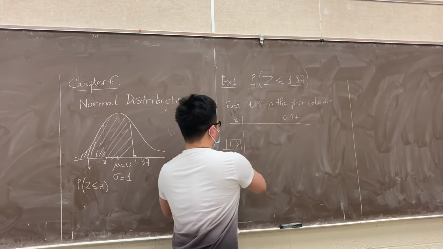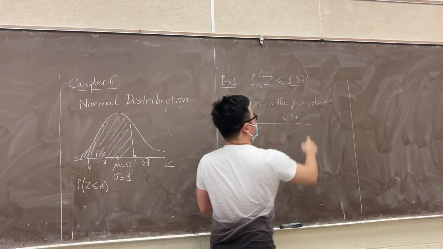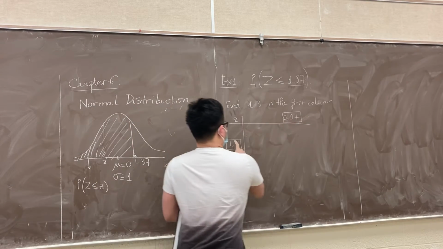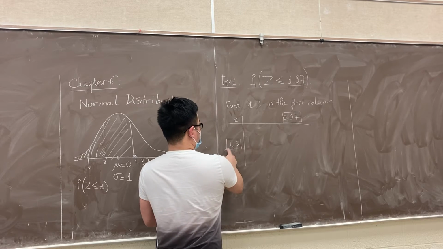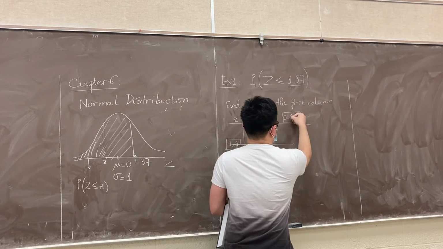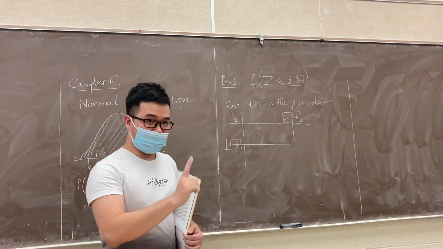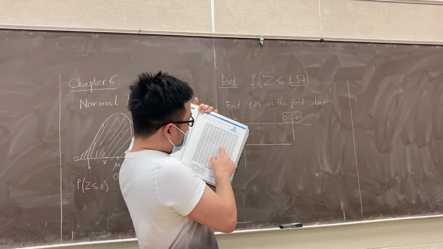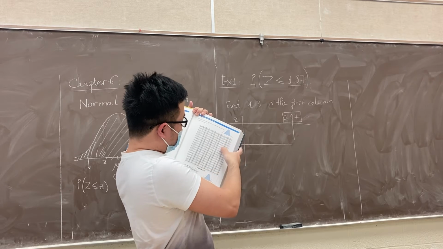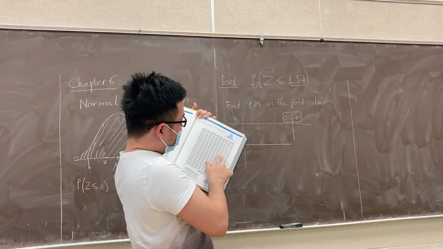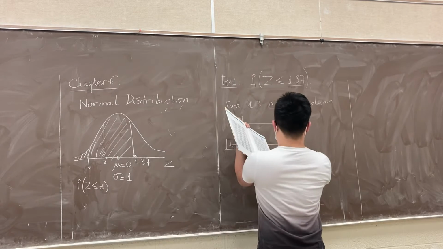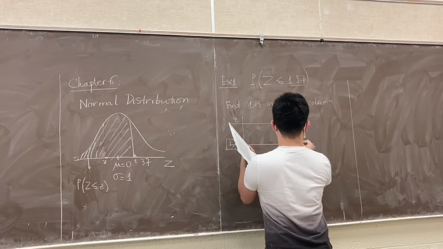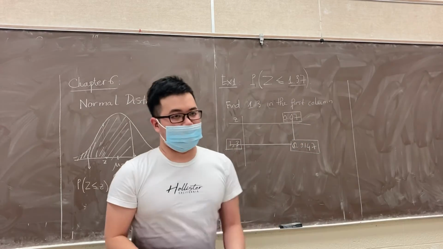Because 1.3 plus 0.07 is equal to 1.37, right? So you look at this row and this column, and take the intersection of them, and you will see the value here: 0.9147.